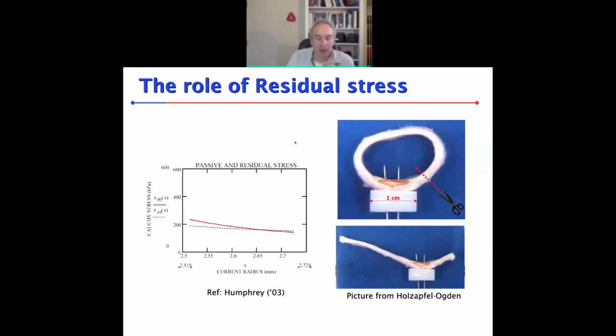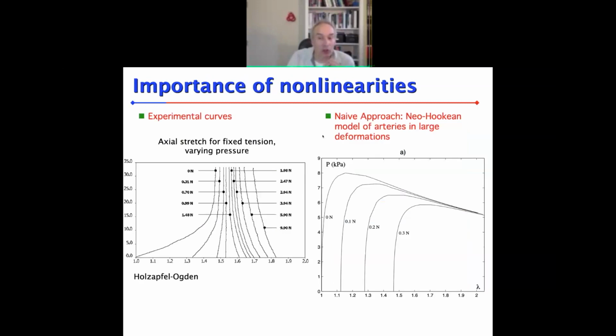But not only that, not only is residual stress important, the type of mechanical response that you have is also very important. So if you take a piece of artery, let's say you do an experiment typically out of a pig, and you put it under tension, for 0 Newton or 3 or 4, 5 Newton.